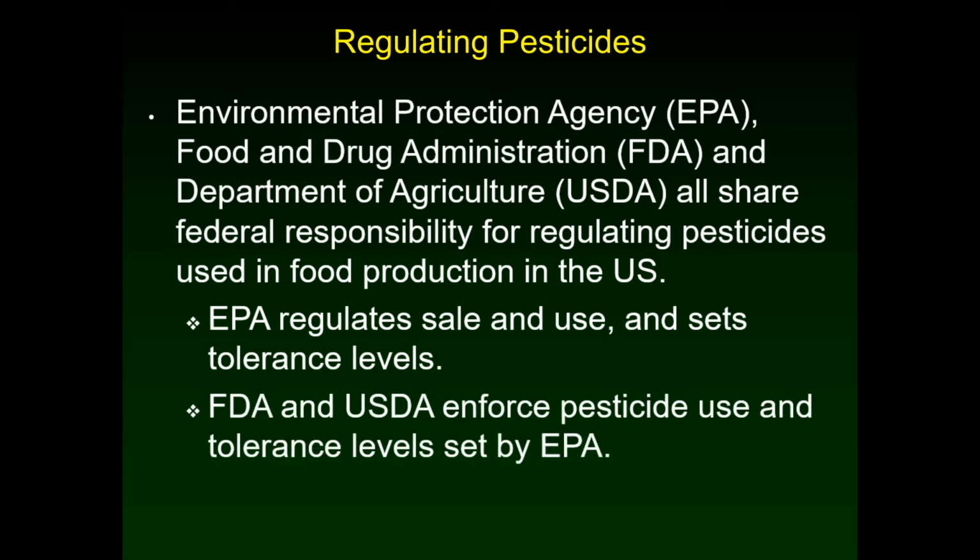The FDA and USDA enforce pesticide use and tolerance levels set by EPA. So once the EPA says this is the level you can use, the FDA and the USDA are responsible for actually going out there and enforcing those regulations.